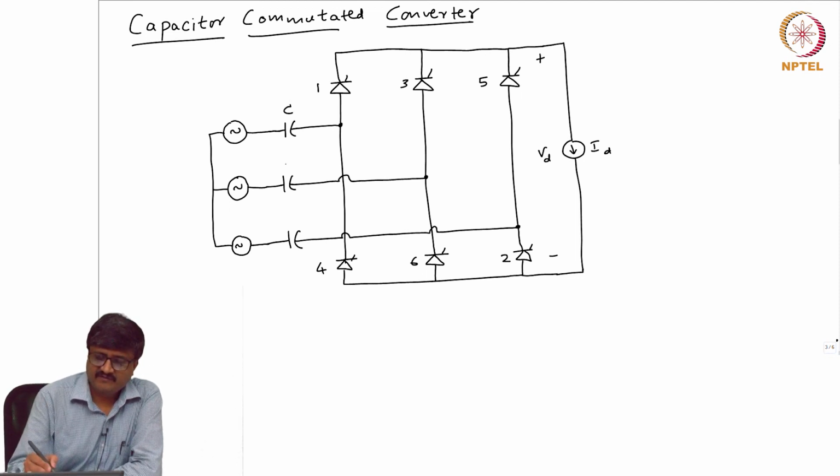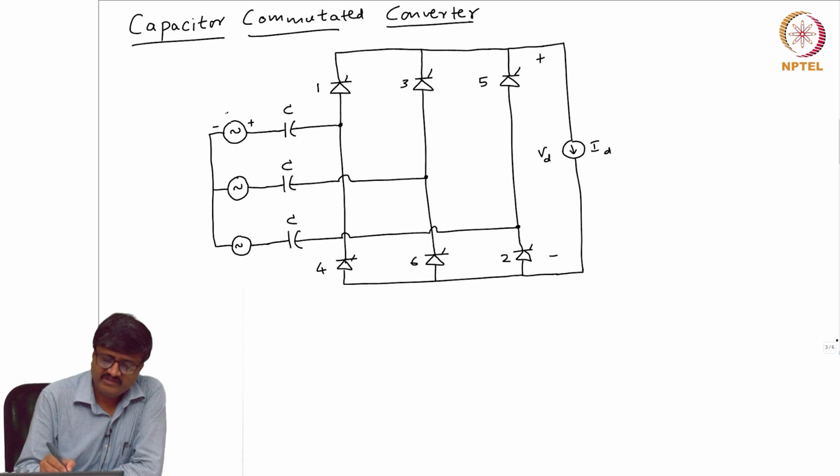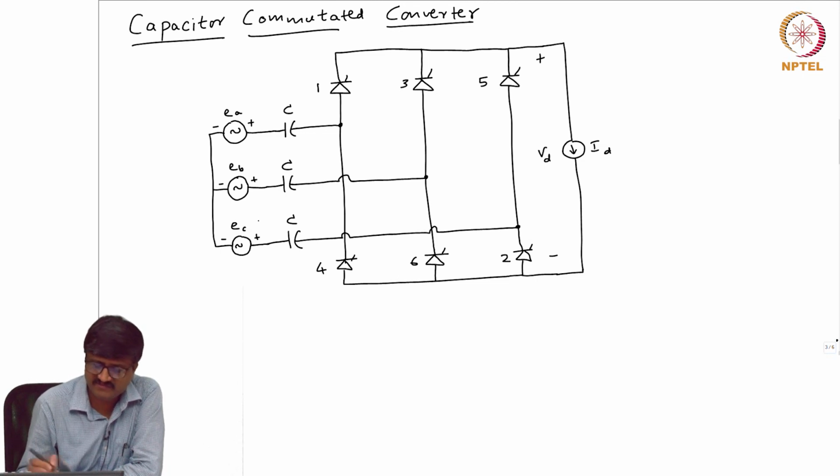The capacitance of all these capacitors is C. They are identical capacitors. EA, EB and EC are 3 balanced voltages.